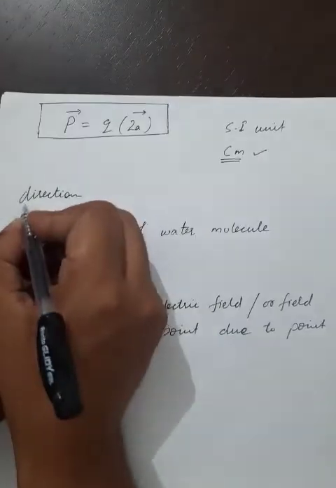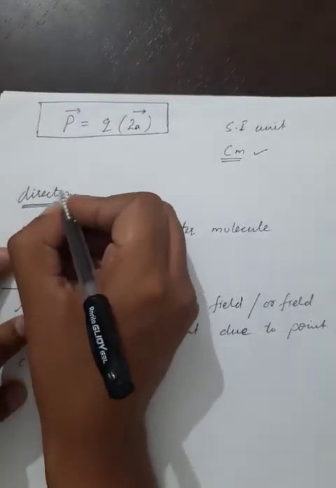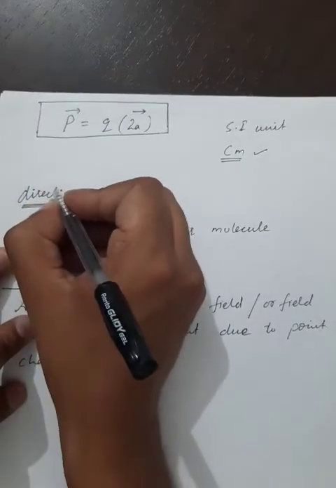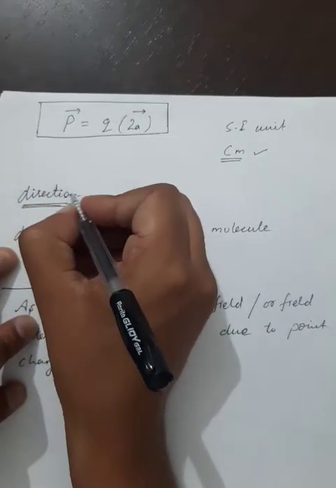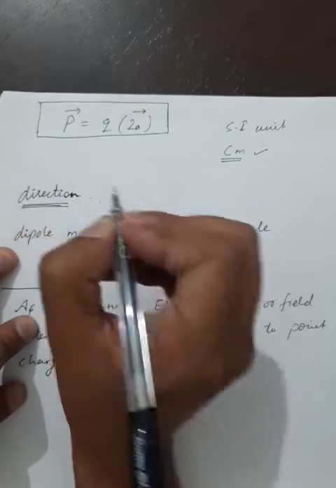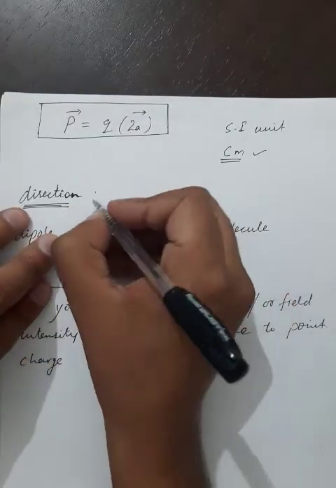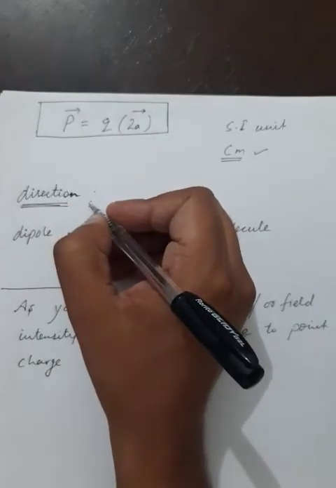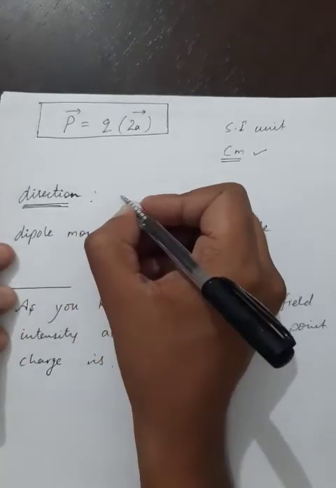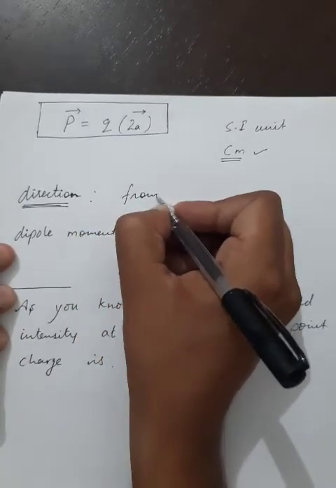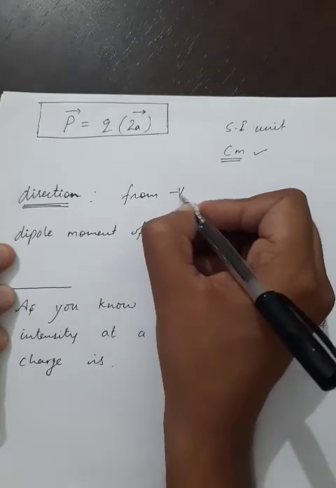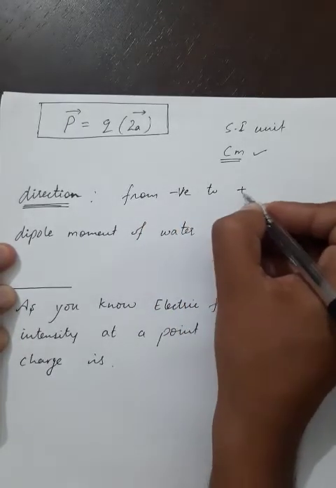Now, since it is a vector quantity, we will also see what the direction of the dipole moment is. The direction of the electric dipole moment is taken from the negative to the positive charge.